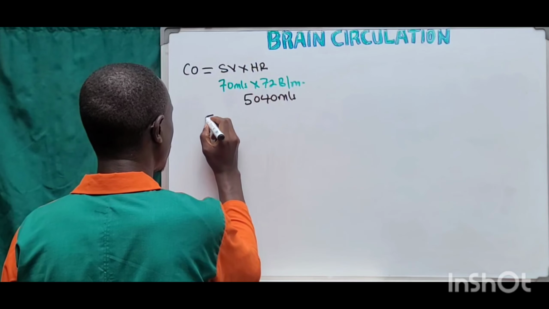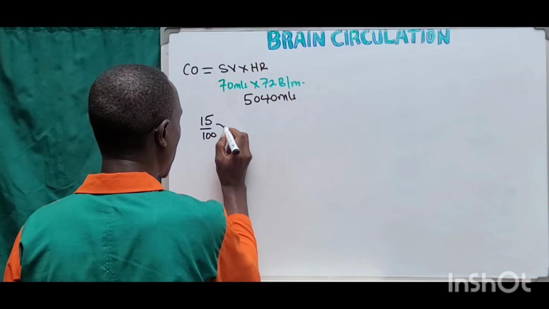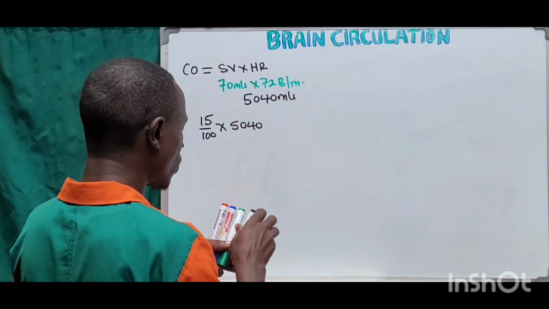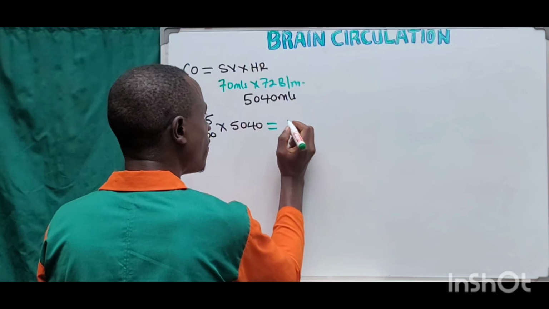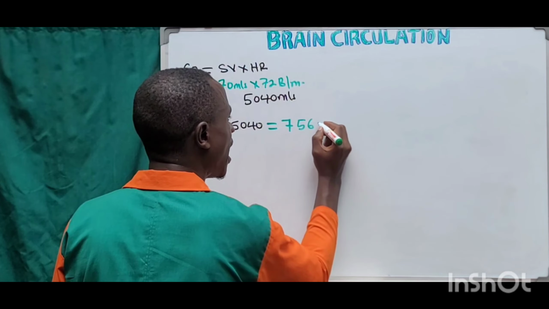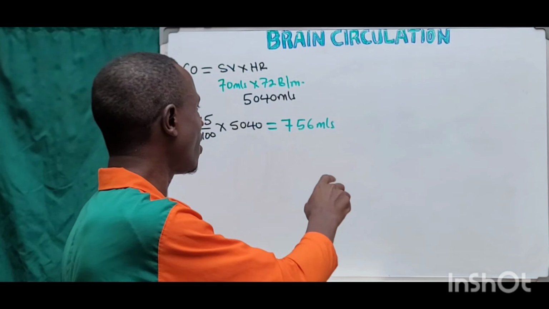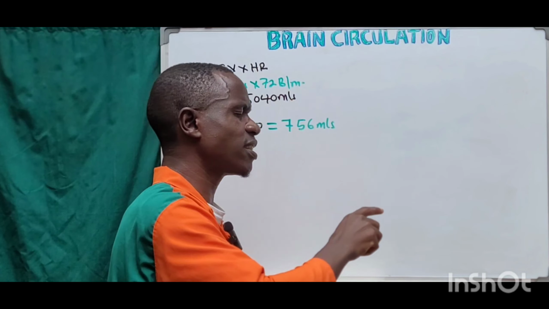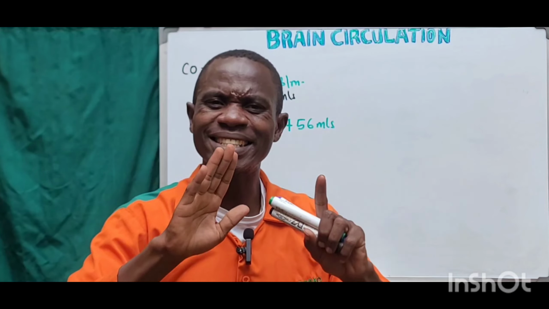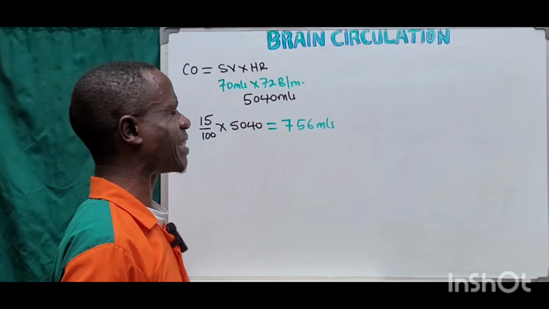We have 15 out of 100 times 5,040 milliliters, and this generally gives us close to around 756 mils. What does this mean? It means that close to around 756 milliliters circulate to the brain every single minute that passes. That is a basic concept to know. It is such another beautiful thing to know as a basic concept.